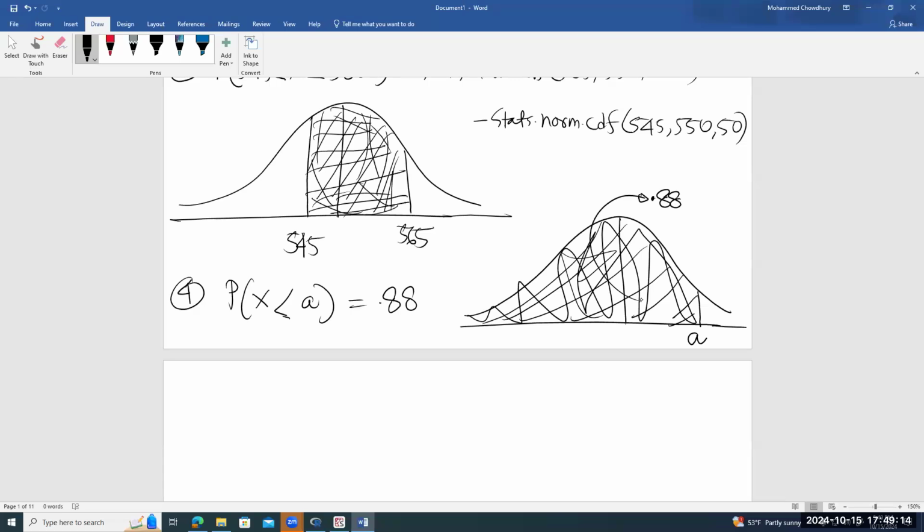Understand? So now you can write here A equals stats.norm.ppf(0.88, 550, 50). That's it.